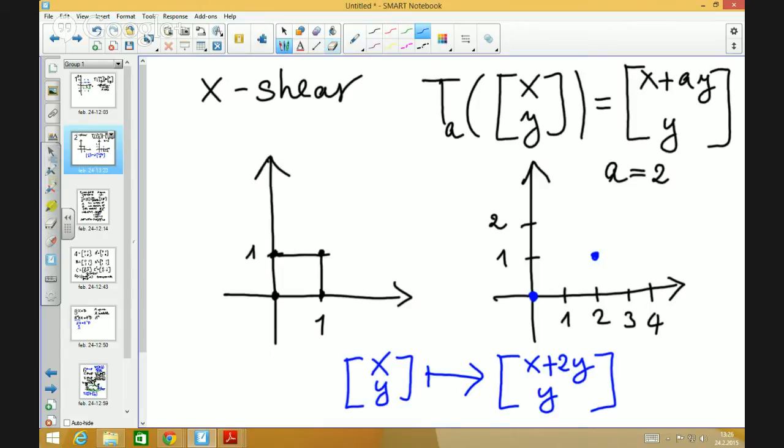I'm confused now. Forgive me. No, (1, 0) goes to 1 plus 2 times 0 and 0, isn't it? So it goes to (1, 0). Okay, so what happens instead to the point (1, 1)? It goes to (3, 1).